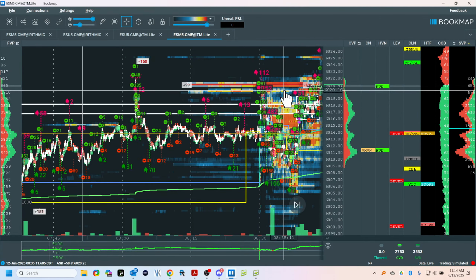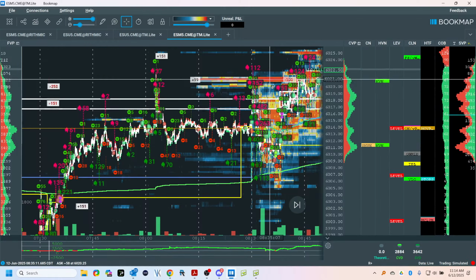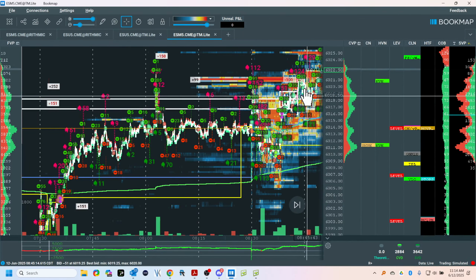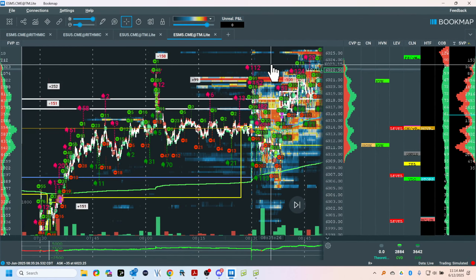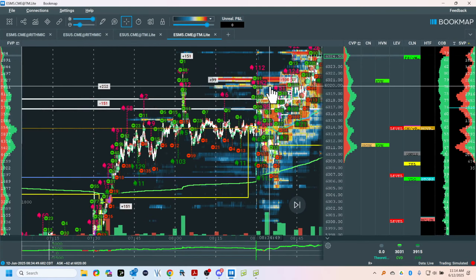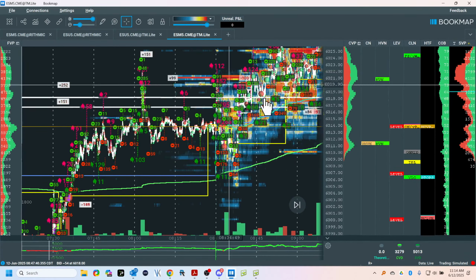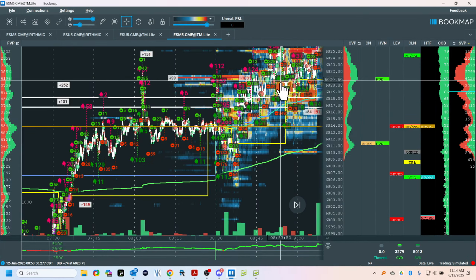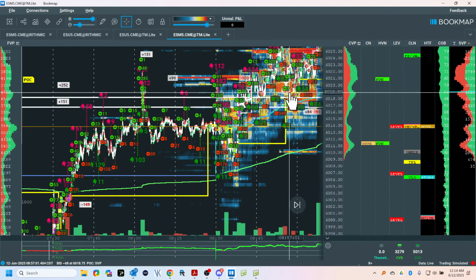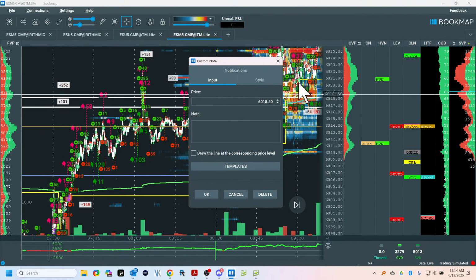Resistance is this. Let's see. Absorption here, resistance there. Now, let's just hang out together and watch what happens. VPOC migration. Now, what do I know? I have it here at this high volume for a moment, and if it moves higher, it is suggesting too low.